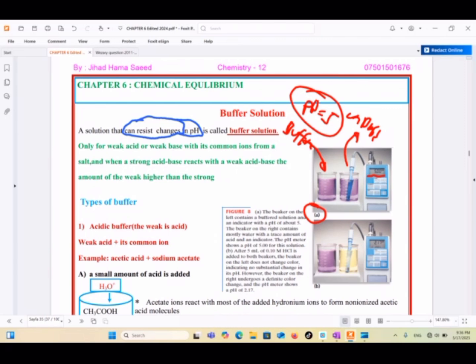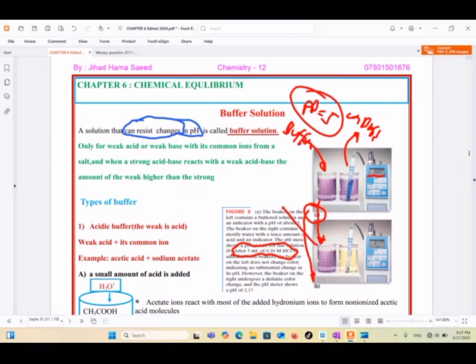Then we have another case, part B in figure 8. We add an amount of acid, or it can be base as well, 5 milliliters of 0.10 molar HCl added to both solutions equally. As you can notice, the buffered solution's color is unchanged due to its resistance to changing pH.